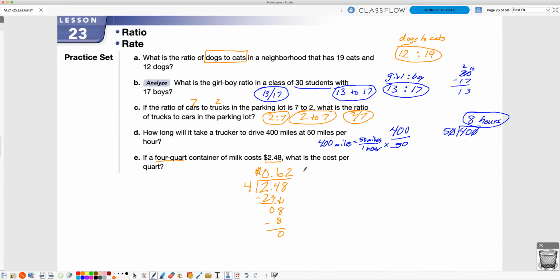So it'd be 62 cents per quart is how much we're paying if it costs that much for 4 quarts. And if you want to double check your answer, you just take the 62 cents times 4 to see if it ends up being $2.48. And that's what it does when you move the decimal over. So that would be it.